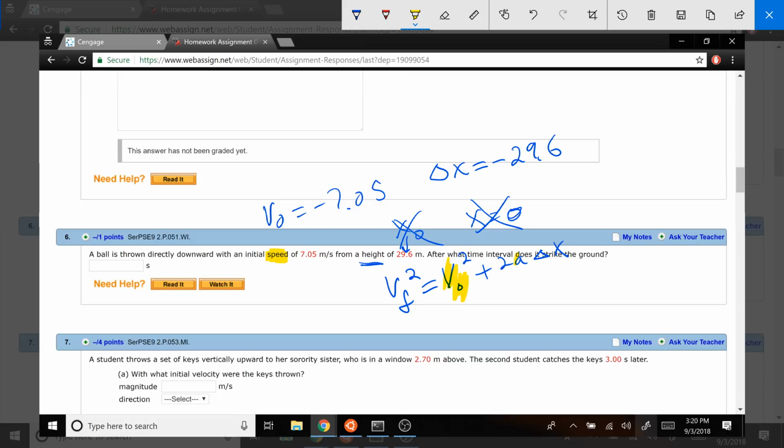I have A, because that's G, negative G. I have delta X, which is also negative, so this comes out positive. And VF squared has to be positive as well, so that's going to give me VF. But that wasn't what you wanted. But once you have VF, you can do VF equals V naught plus AT.